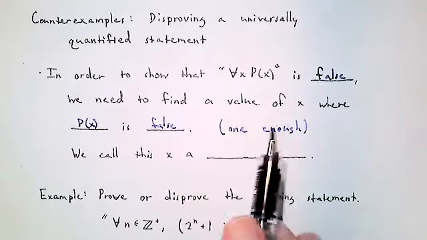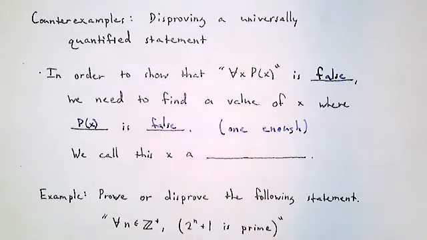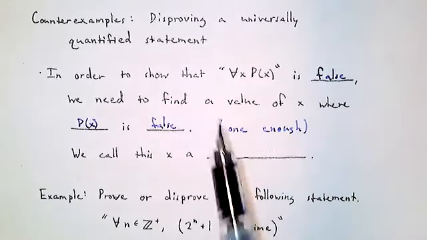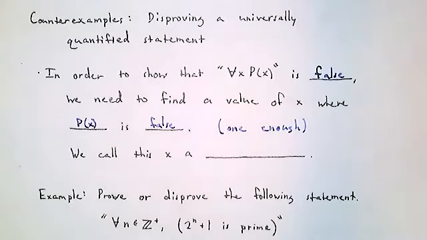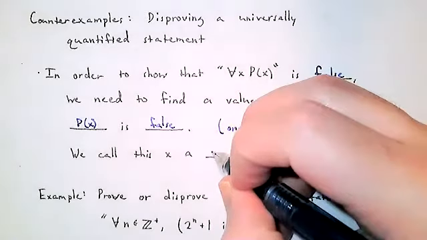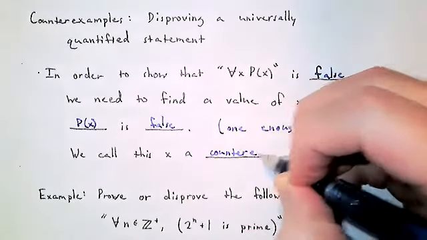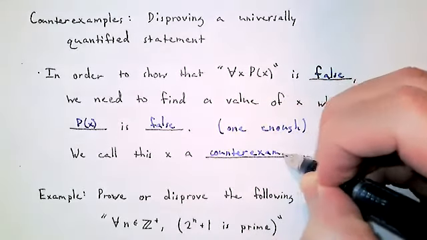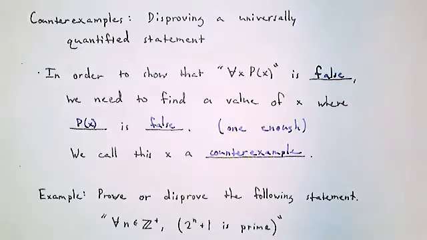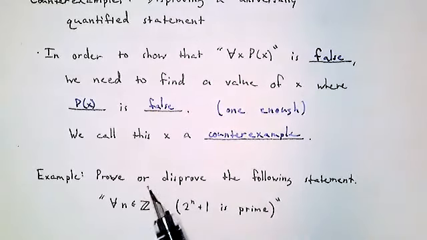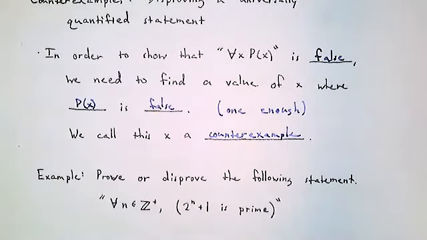This example is what we're going to call a counterexample. The counter means that you're using it to counter a proposition, to show that it's false. So we could use a counterexample for disproving a statement.